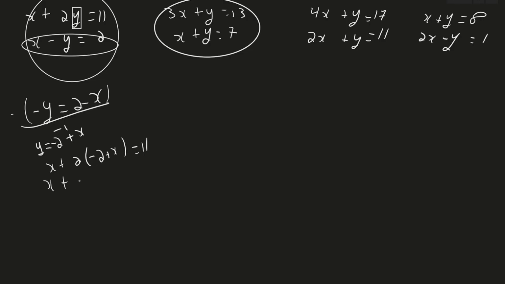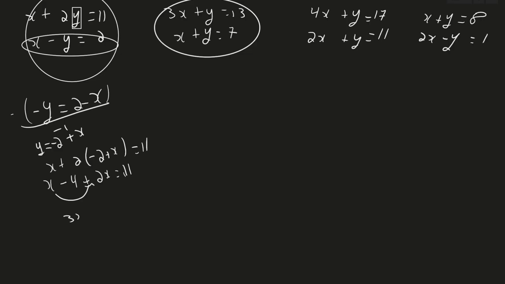So it's gonna equal negative 4 plus 2x equals 11.